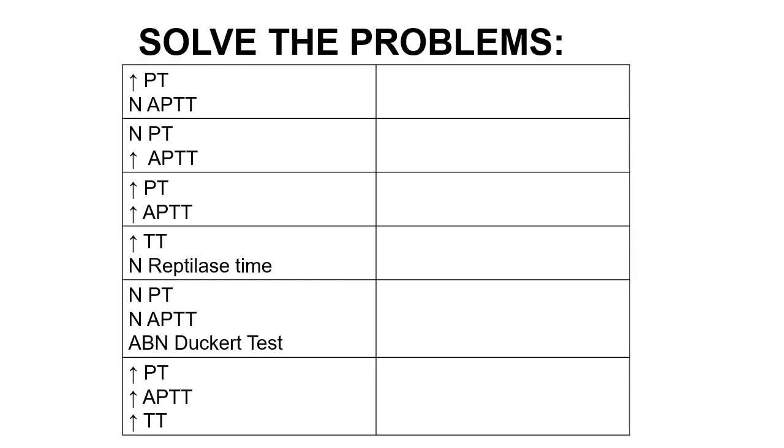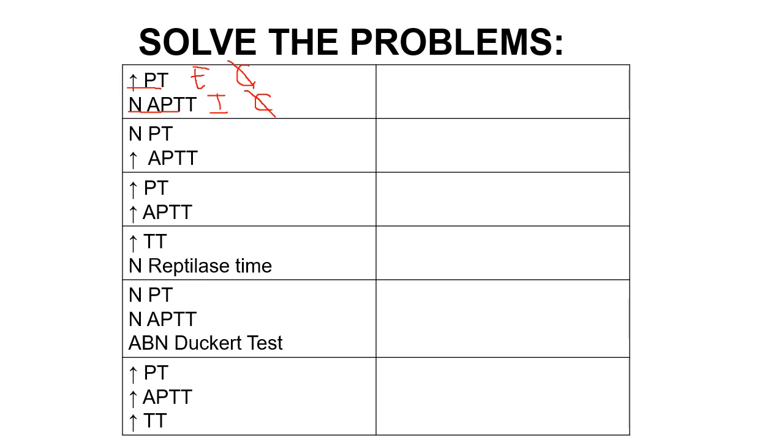Okay. Try natin isolve yung mga problems na to. Kapag prolong ang PT, normal APTT. Okay. Prolonged PT affects your extrinsic and common pathway, right? Si normal APTT, APTT determines your intrinsic and common pathway. Kung prolong si PT at normal ang APTT mo, tanggal na si common pathway. Okay?